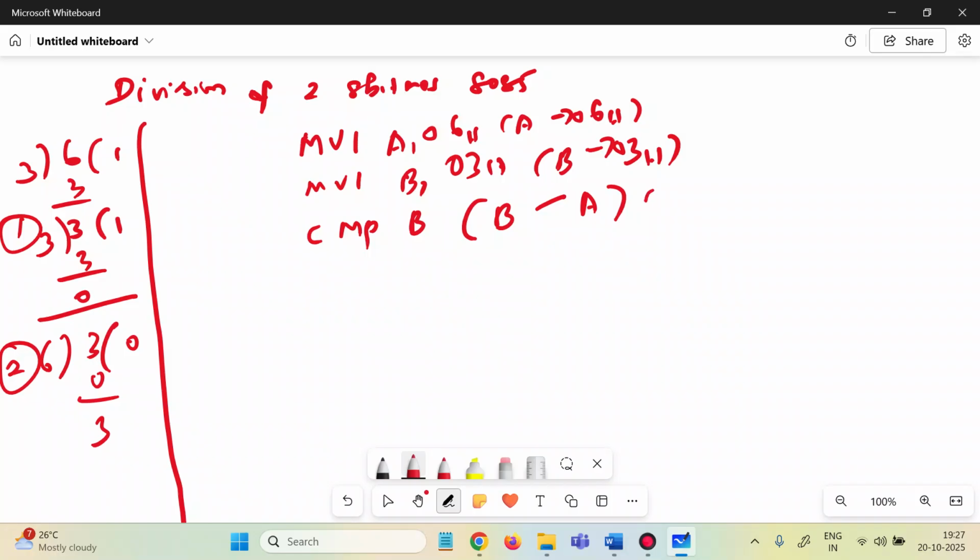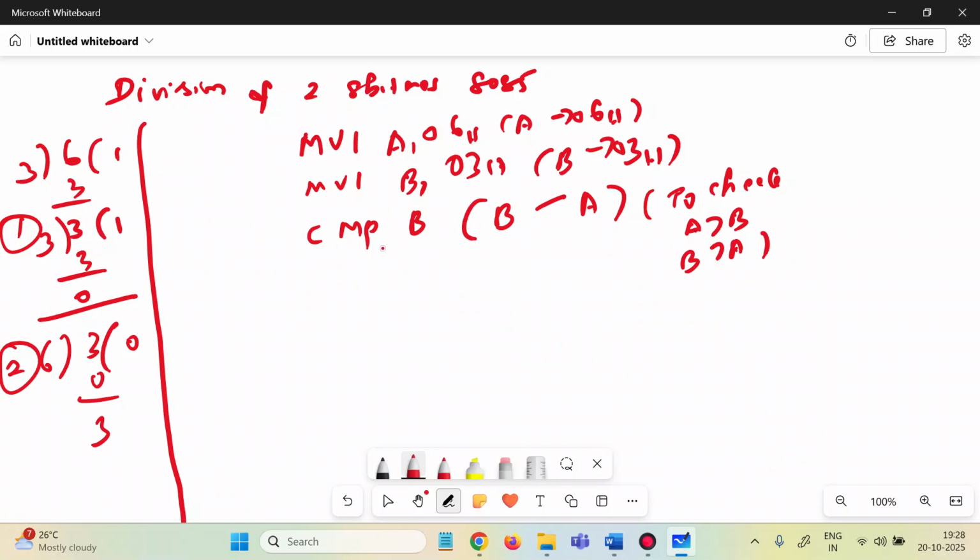To check whether A is greater than B or B is greater than A. When A is greater, it is well and good. So 6 by 3. The accumulator is a register where the end result will be stored. So compare B.